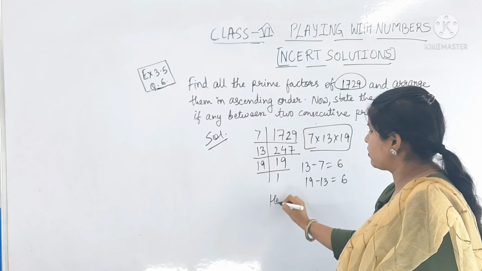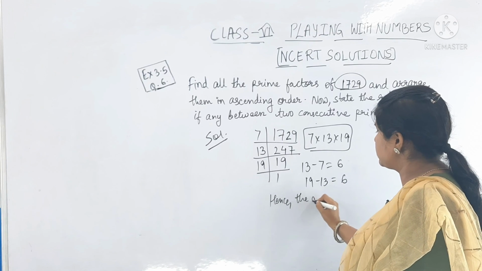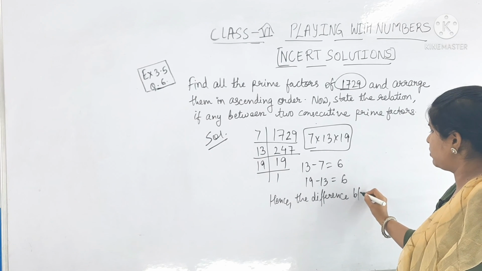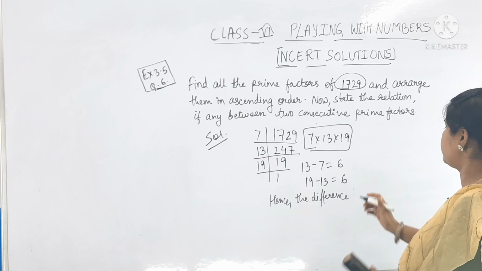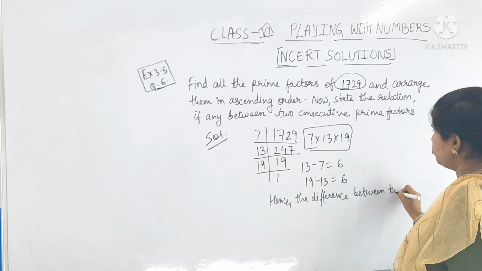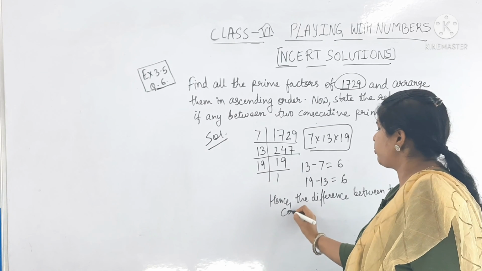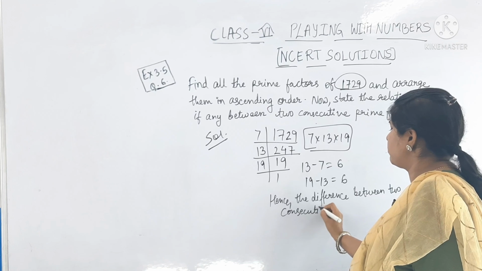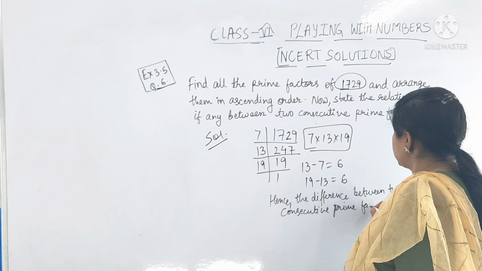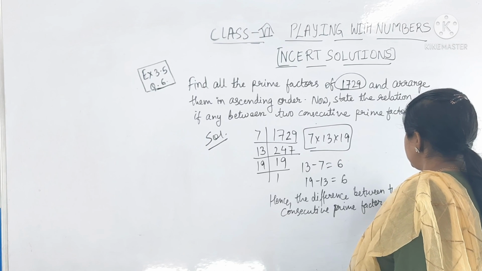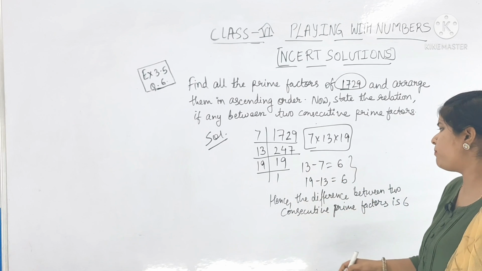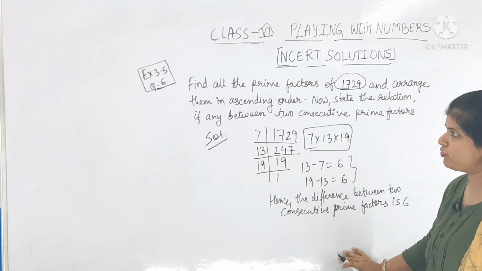Hence the difference between two consecutive prime factors is 6. You can see that the difference between the two consecutive prime factors is 6. So this is the relation for that.